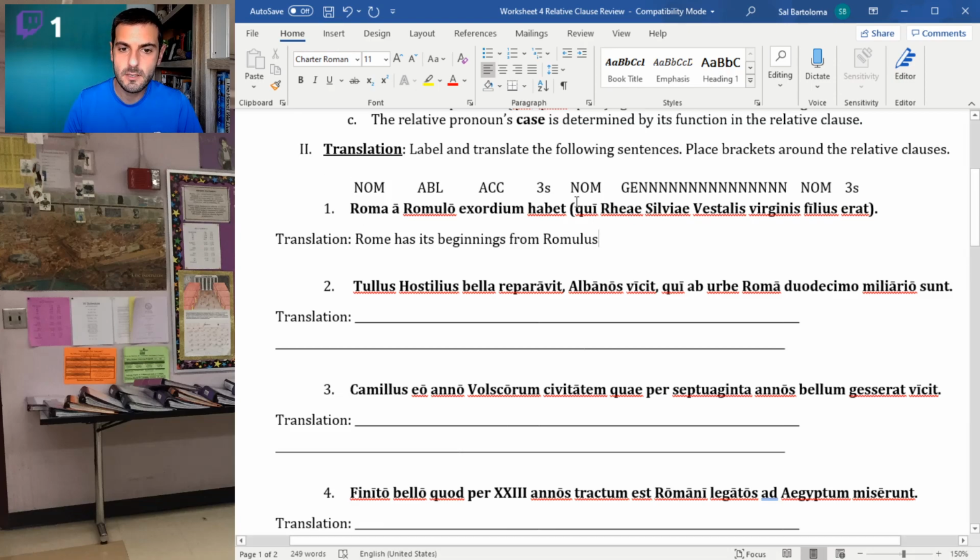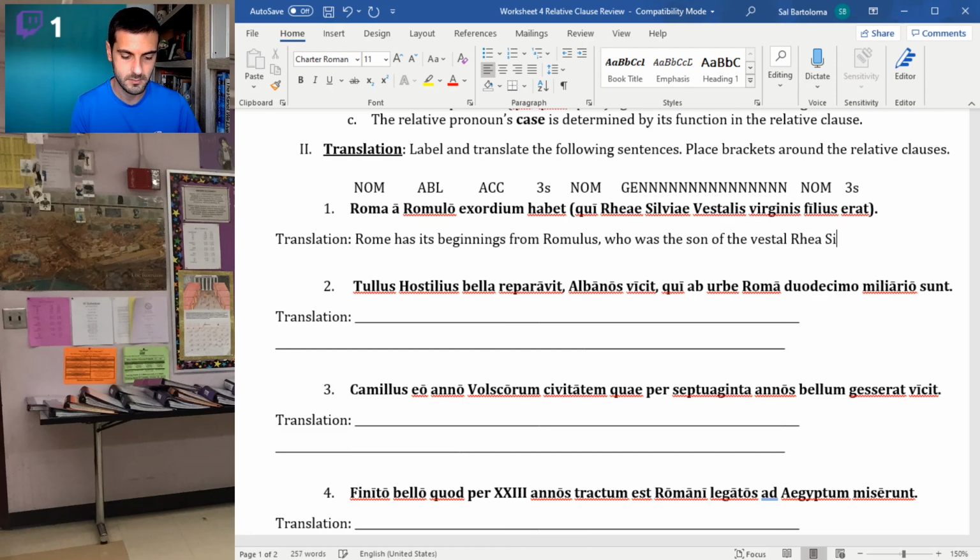Now this qui, okay, it can't be talking about exordium because exordium is neuter, so it's got to be talking about Romulus. We have a feminine word in Roma, we have a masculine word in Romulus, we have a neuter word in exordium, so this masculine qui has to be talking about Romulus. And it makes sense because Romulus was the son of Rhea Silvia, the Vestal Virgin.